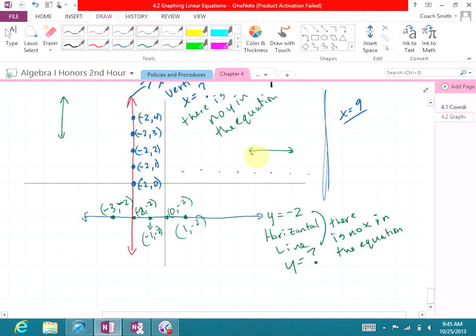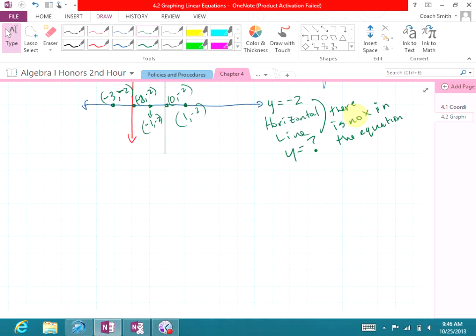All right, so it's not going to necessarily cross the x-axis or the y-axis. Usually when they do their vertical lines, it does do that. On the vertical line, they'll cross the x-axis, and on a horizontal line, they'll usually cross the y-axis.